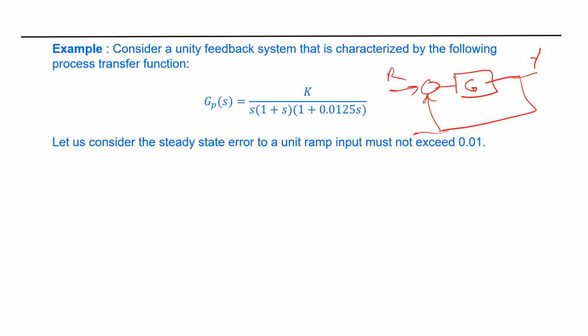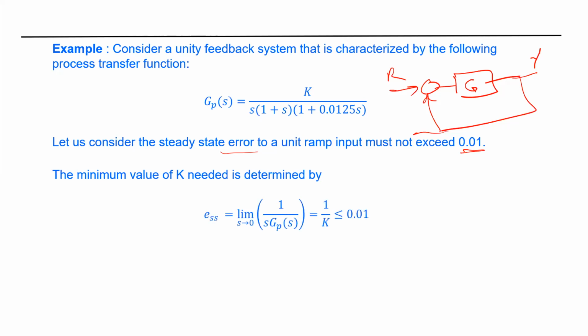And suppose I need to satisfy a condition on the error. The error is a function of K. If I change K, I will be able to satisfy this requirement. Find K which will achieve this steady state error.